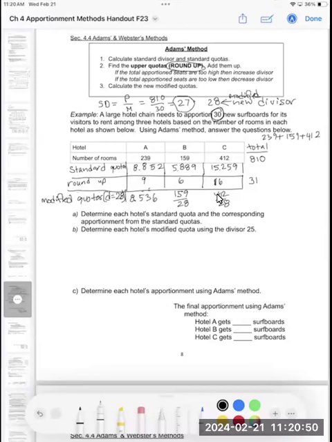I might be a little concerned because we want the standard quotas to change just a little bit, maybe by 1 or 2 numbers, because we want to apportion 30 seats, and we're only off by just 1 seat. So we don't want these quotas to change that much. Maybe we just want only one of them to change.